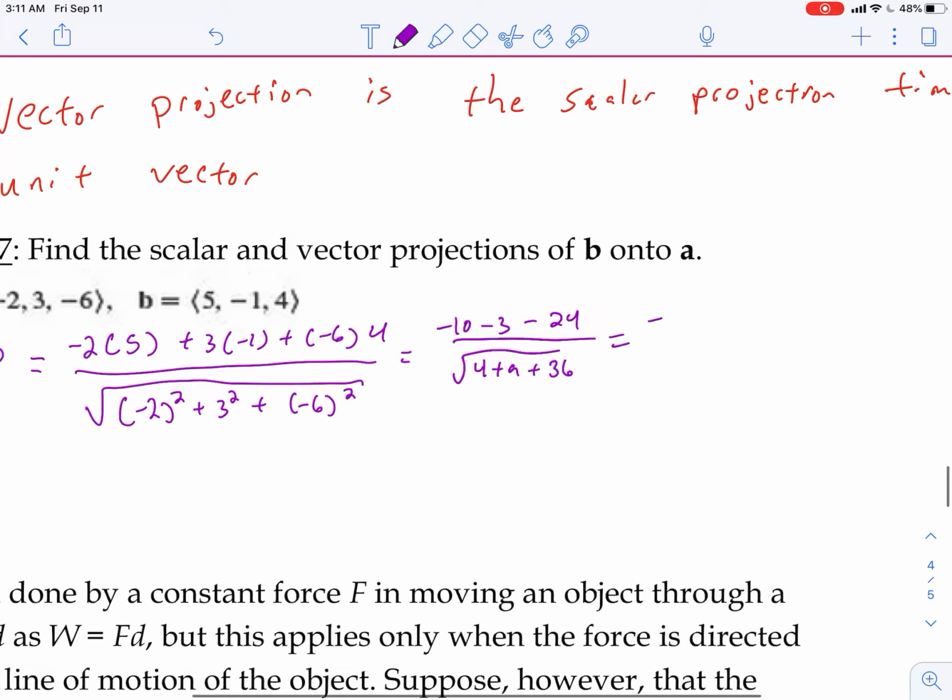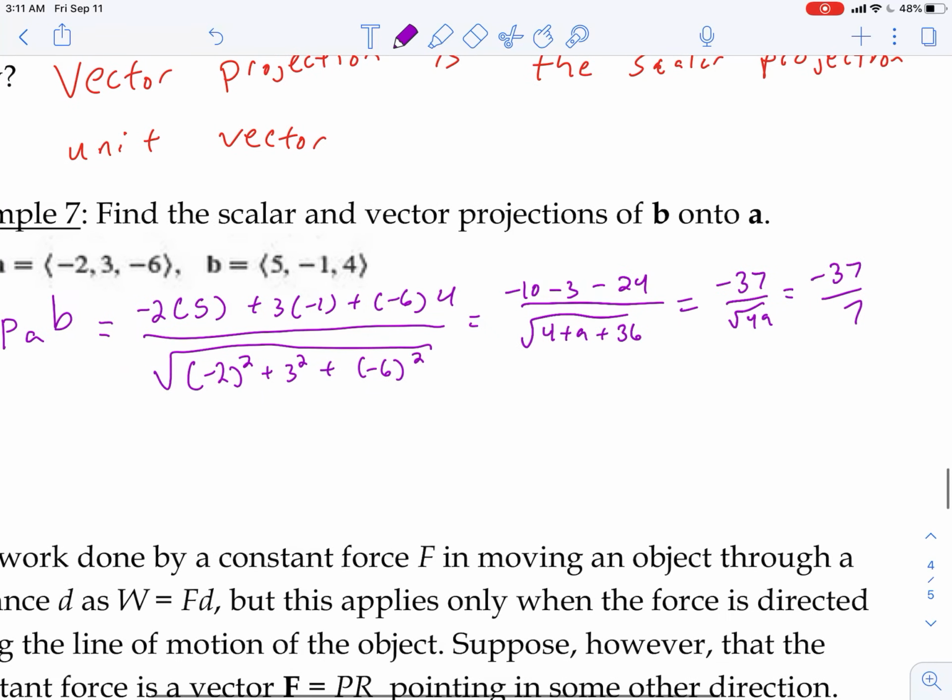So the numerator looks like -37, and in the denominator we will have the square root of 49. So -37 over 7. That is going to be our scalar projection.